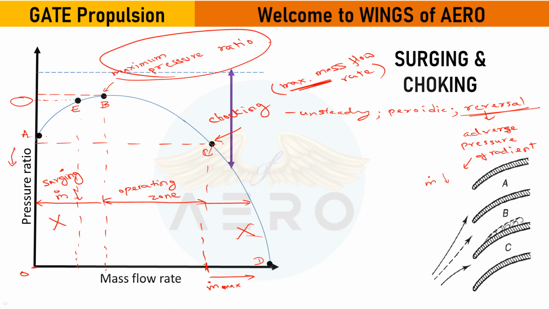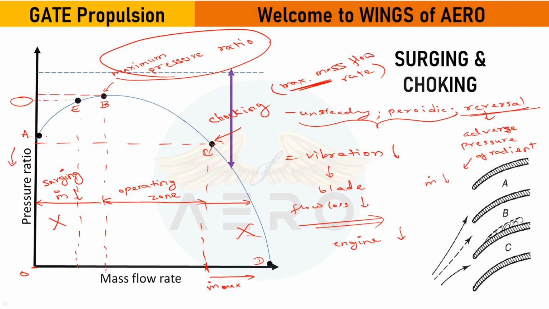We want neither surging nor choking, as they lead to increased vibration, and vibration can further damage the blades. The blades get damaged, causing flow losses, so it will not perform and the engine efficiency will fall. So these are the possible causes that occur in this zone.